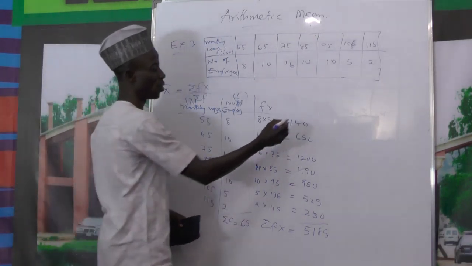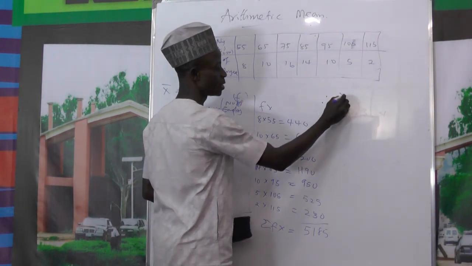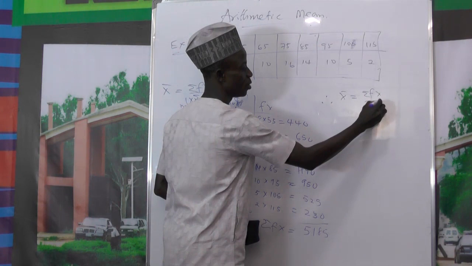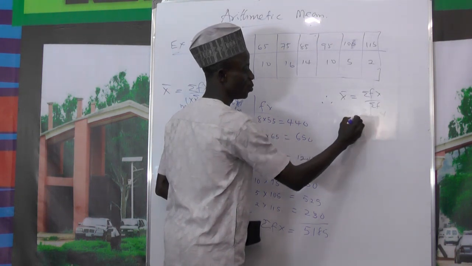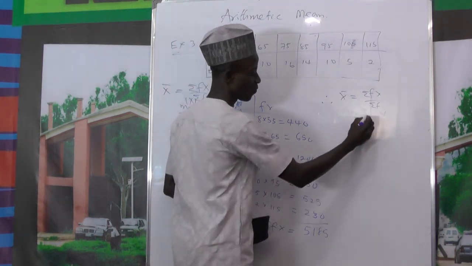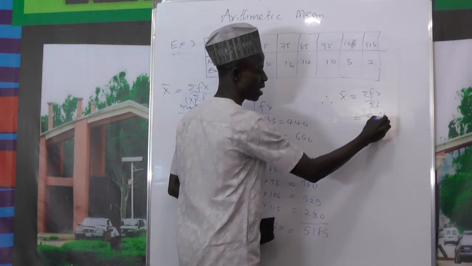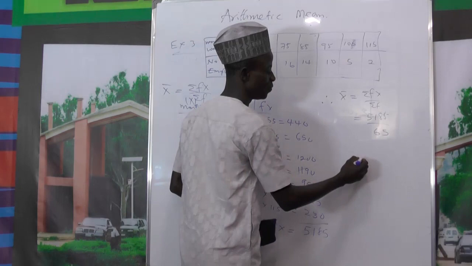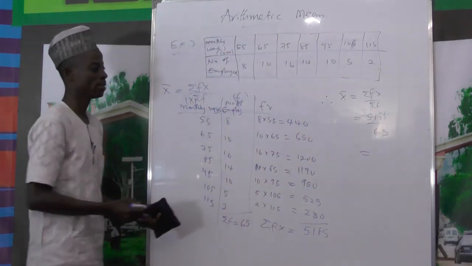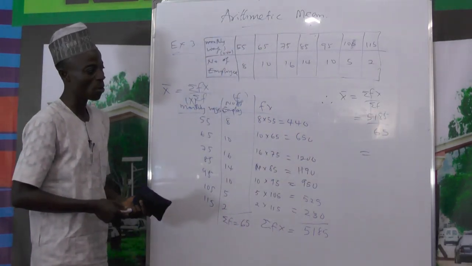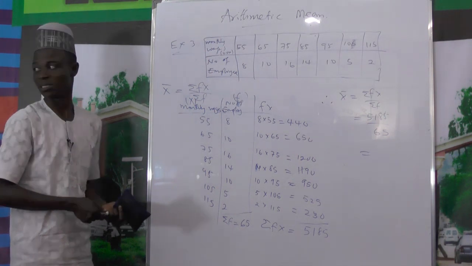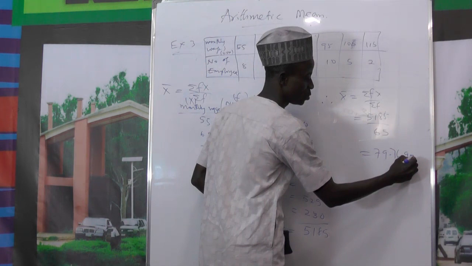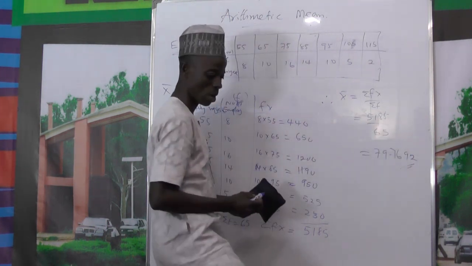So therefore, our x bar, which is the sum of fx all over the sum of f, will be equal to 5185 divided by 65. If you divide 5,185 by 65, we are going to have 79.692.